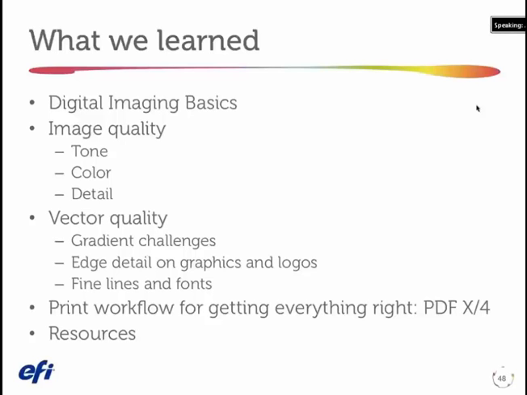There's some things that you're going to have to go back upstream in the design process to get fixed if you want them to print right. And we looked at fine lines and fonts and some special features that are offered on certain Fieries to render some very challenging tiny type and very fine lines correctly. Finally, we talked about a workflow to get everything to print correctly, and that's the PDF/X-4, probably in some sort of automated workflow, both to save you time and energy, but also to give you more consistently good print quality over time.